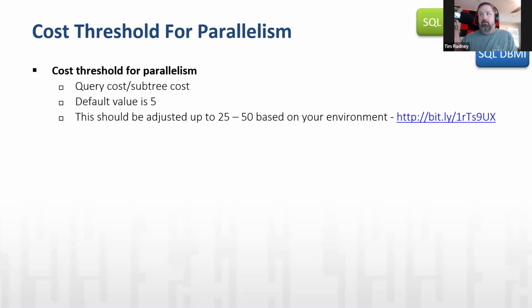Well, Jonathan Kehayias wrote a blog post. So you can go to this link. These slides are available on my website. I'll have that up in a minute. But you can just Google Jonathan Kehayias cost threshold for parallelism performance tuning or something like that.